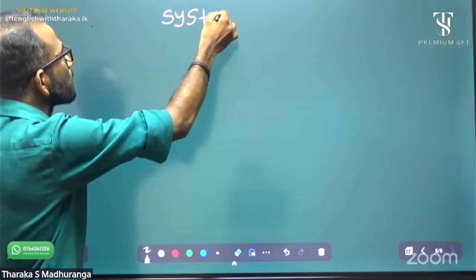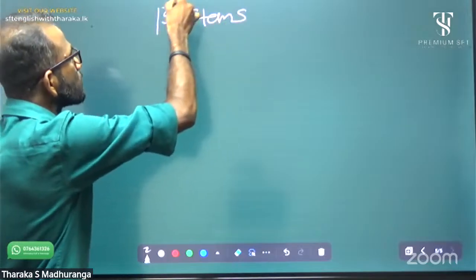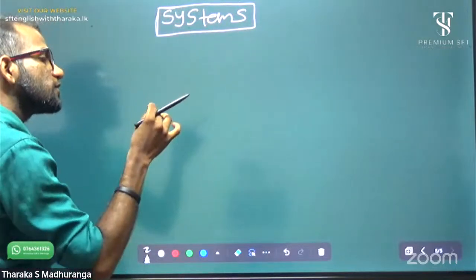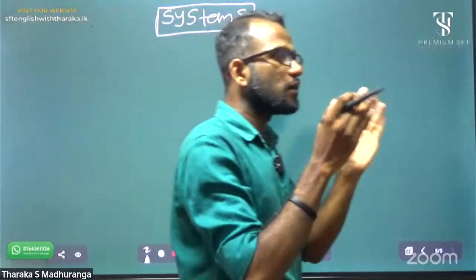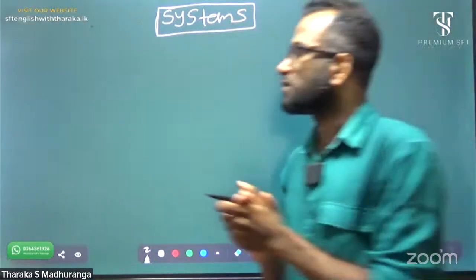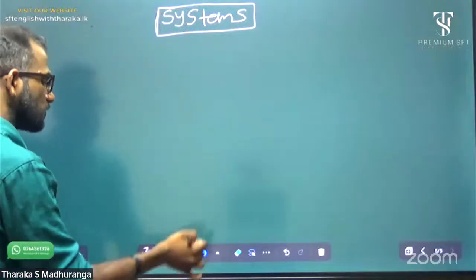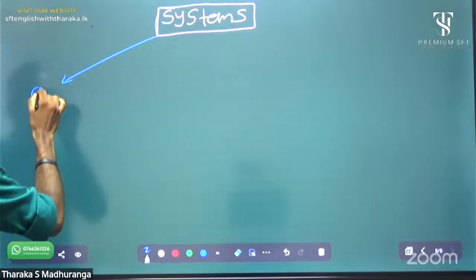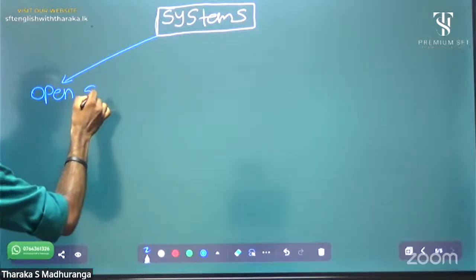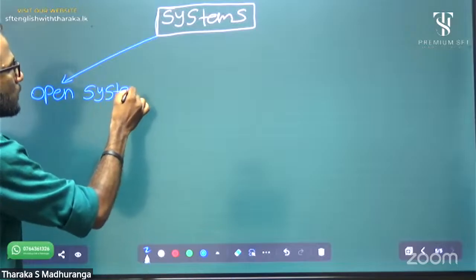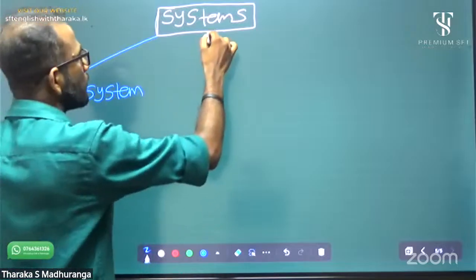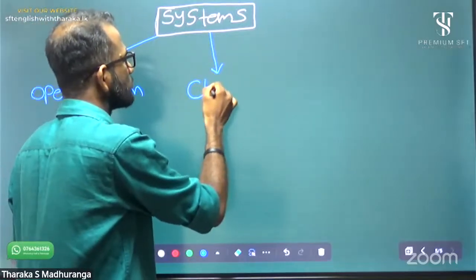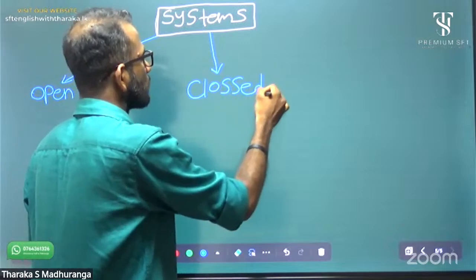Systems, that means a selected area from the universe, we can classify into 3 main types. The first one is open system. The second one is closed system.